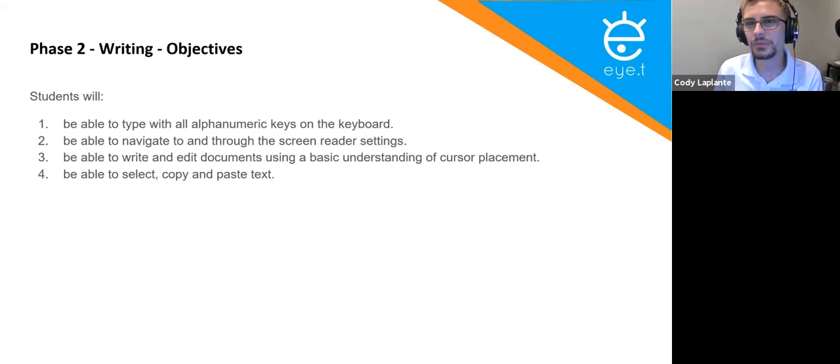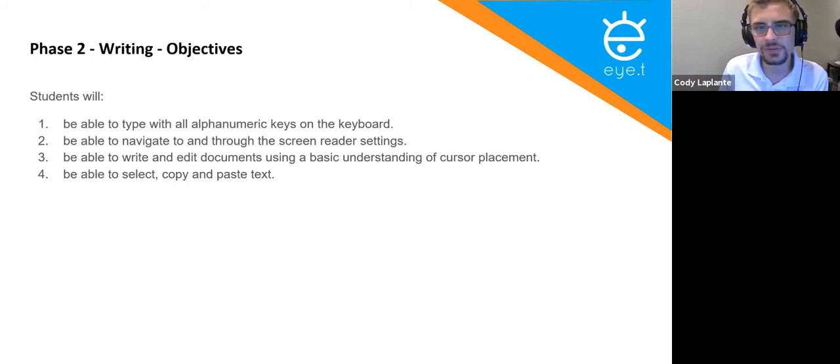And I think we fail to realize that unless a student knows where their cursor is, where they start typing, it's really difficult to understand where you are in that document. So that 2.3, really big objective, write and edit documents with a basic understanding of cursor placement.